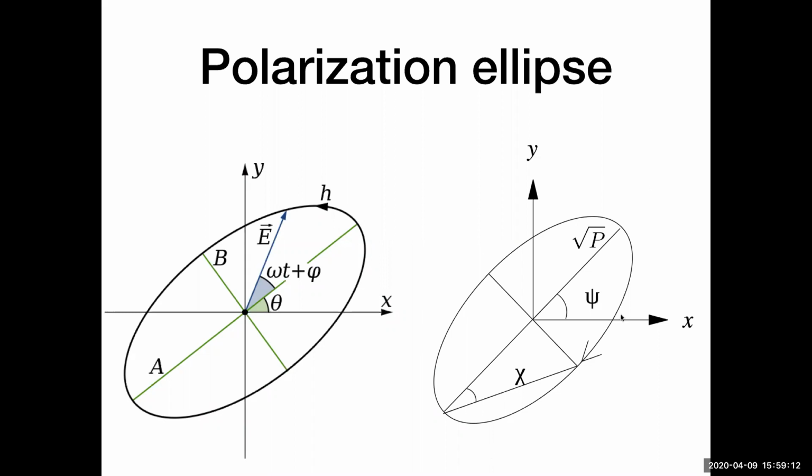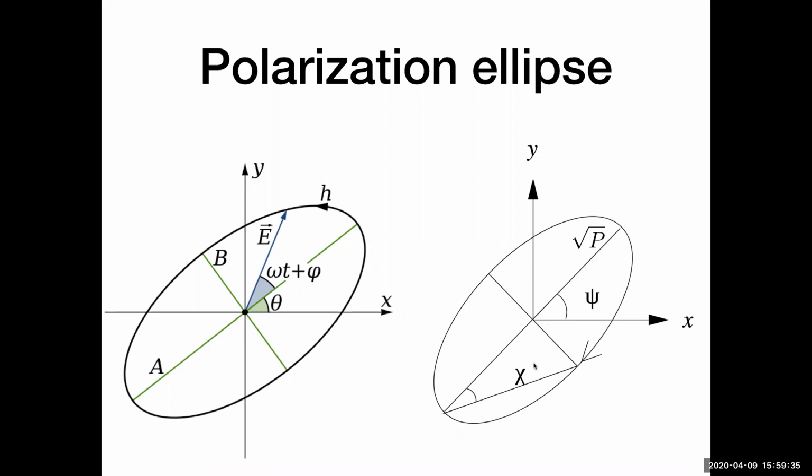Particularly this set of three parameters here is a little bit bizarre. But if we take a look at it, we have an amplitude parameter. We have this inclination angle or polarization angle parameter, which varies between 0 and 180 degrees.